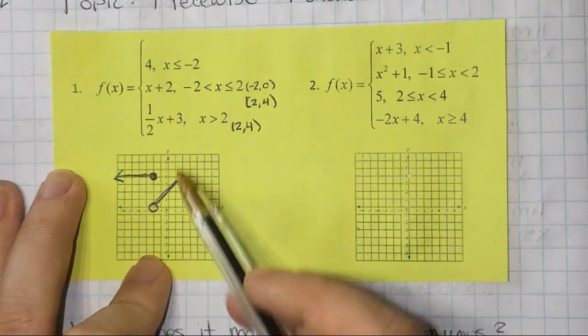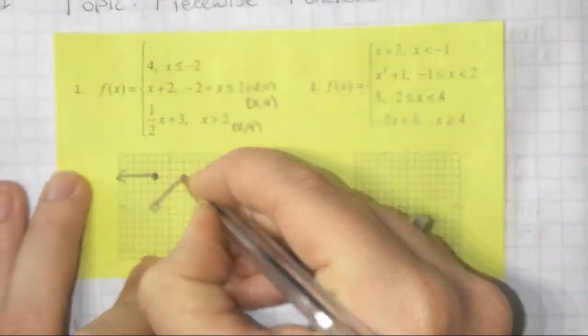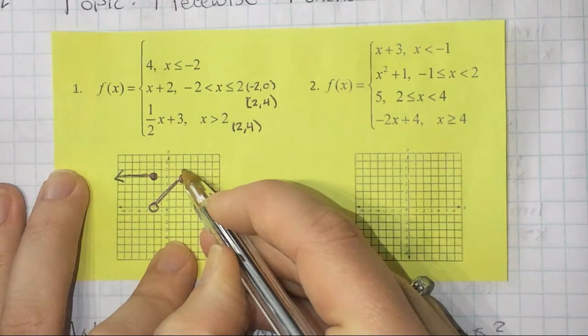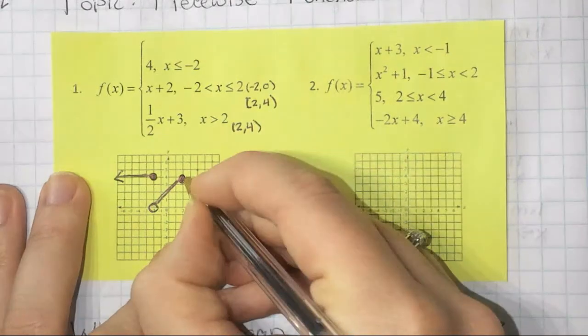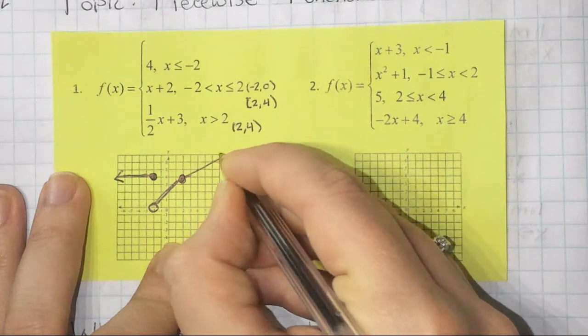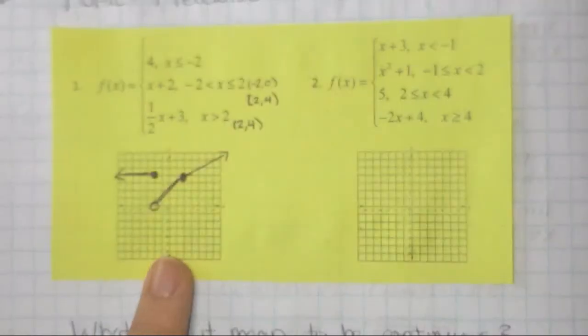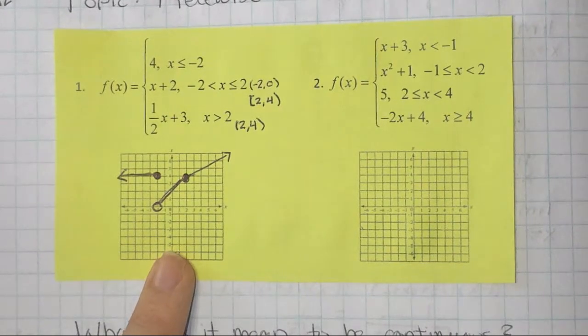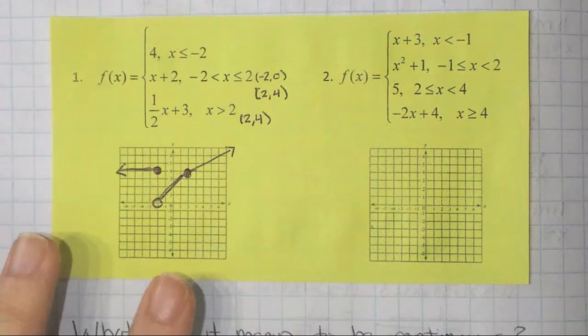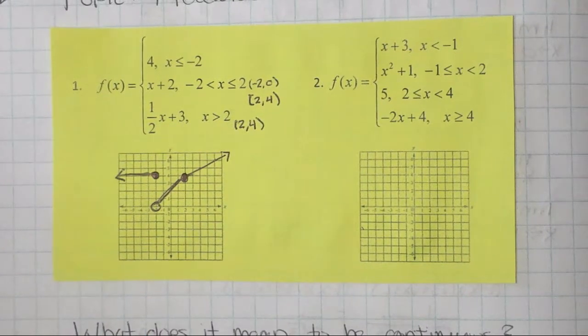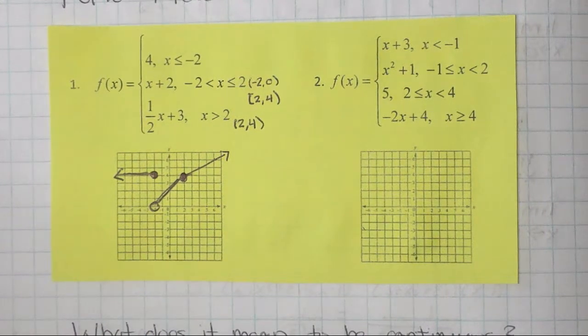So there's my point at 2, 4. I'm going to go up 1 over 2 and use that slope to help me create my line. And therefore, you have just graphed that piecewise function. We good? We're just remembering how to graph these right now.